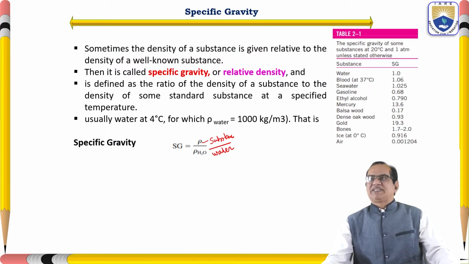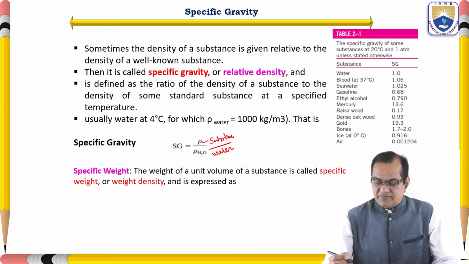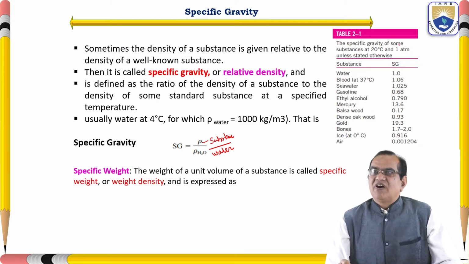Here I have given a table, and this table shows some standard specific gravities. The specific gravity of some substances at 20 degrees centigrade and 1 atmosphere, means atmospheric condition, unless stated otherwise.